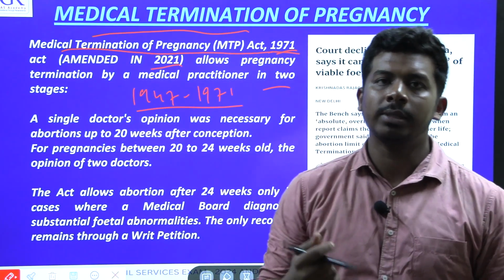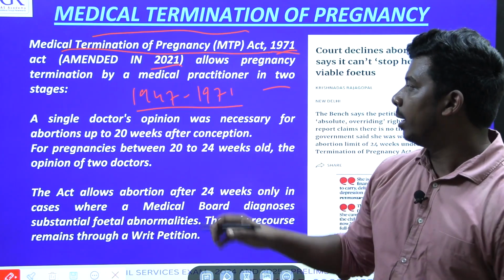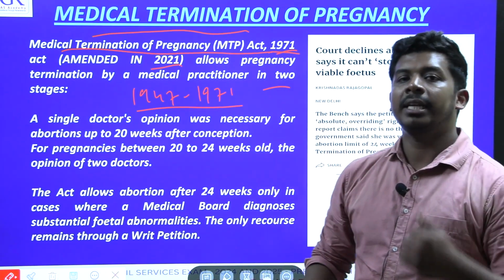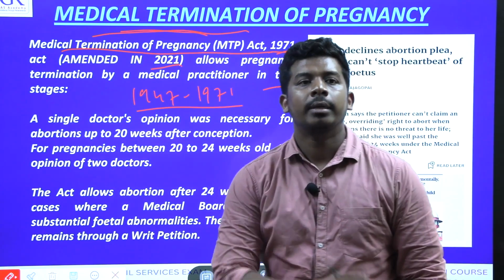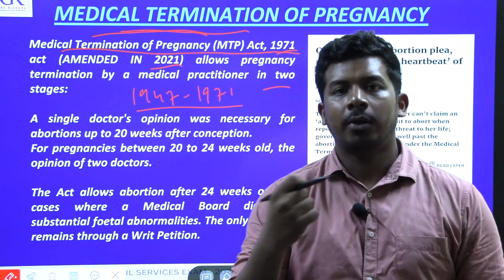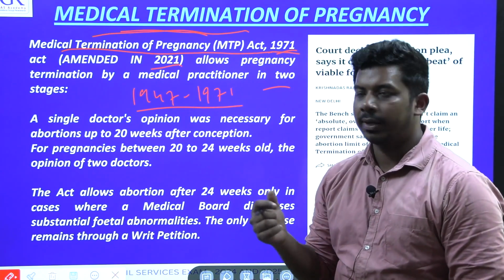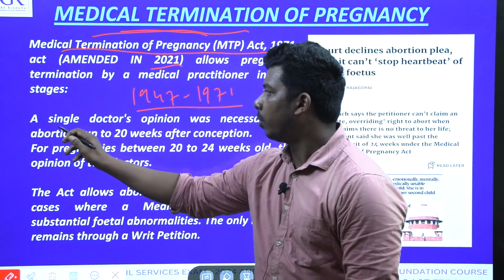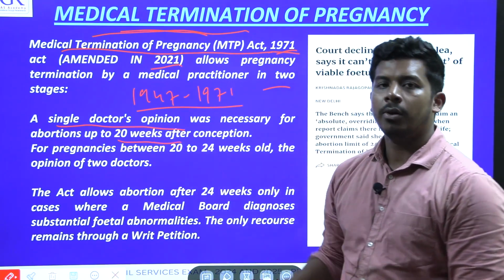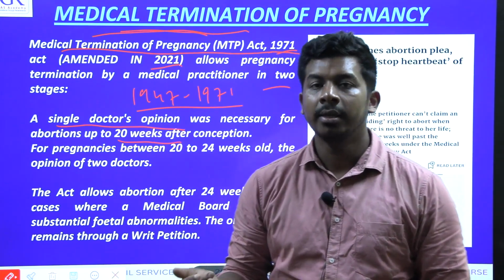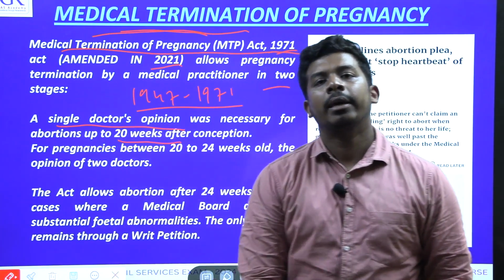So this act was amended in 2021. Through 2021, some amendments were made. Now this act allows termination of pregnancy in a medical way, I mean through the approval of a doctor. Okay, through the recommendation of a doctor. So on the opinion of a single doctor, you can terminate pregnancy up to 20 weeks. Okay, 20 weeks is roughly 4 to 5 months, and this is applicable to every woman.